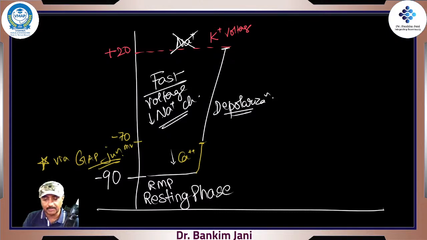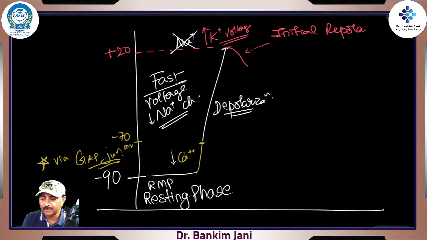They will keep on working. These voltage gated potassium channels are long race horses. They start throwing potassium out. The moment potassium is going out, the cell is becoming negative. So the cell starts taking a down trip, right? And this is just the beginning. So we call this initial repolarization.